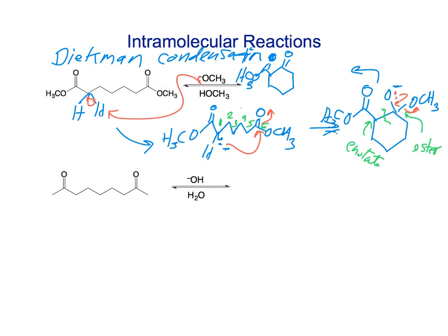Right, so if we had one less carbon in our diester, we would have made the compound on the last slide, right? And so, of course, when we make this, we're in methoxide, so we would have the same equilibrium. It would deprotonate the alpha position between those to form an enolate, and we wouldn't get our neutral product until we quench or neutralize the reaction. Okay?